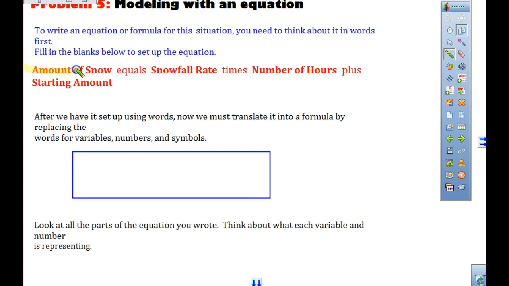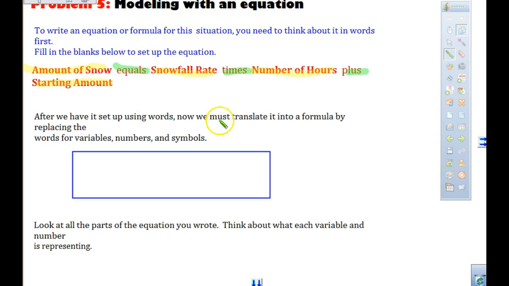So the snowfall amount, remember, which variable was that, x or y? That was our y, that's our dependent variable. It is going to be equal to the snowfall rate, that's our unit rate, our rate of change, and then these are our operations, times and the plus.